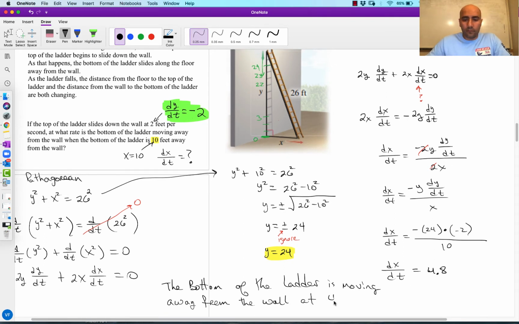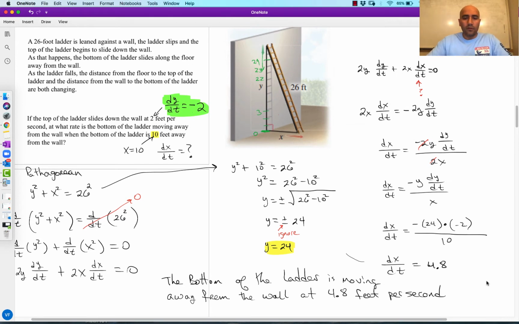Okay, so bringing it all together, we have this ladder. Its length is 26 feet. That's constant. It's leaning up against the wall. It's sliding down. And because the y variable is decreasing, we know that dy/dt is negative.